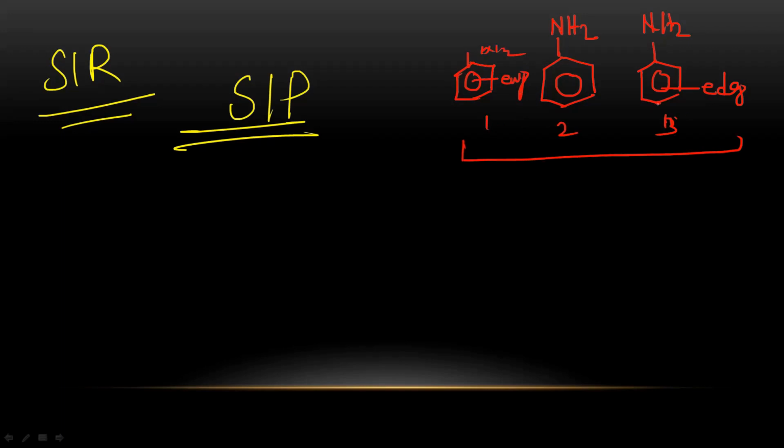If I ask you what will be the basicity order, I think you have thought already, or you have answered already in your mind. So actually the answer is electron donating group will be most basic, because electron donating group will generate more negative charge on this nitrogen, that will repel the lone pair, and lone pair will be more available to attack.